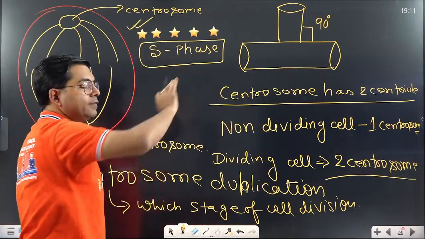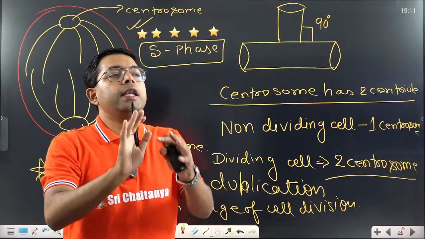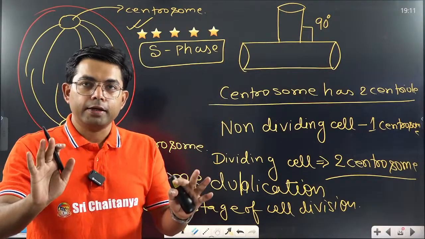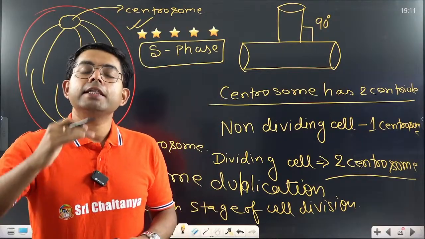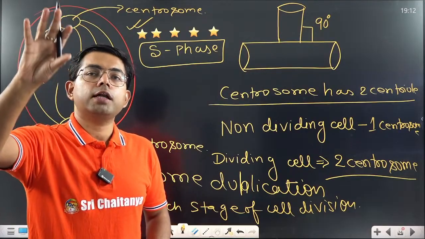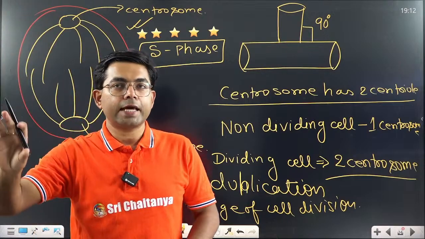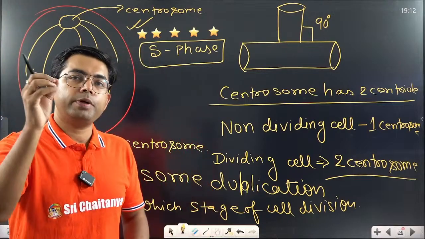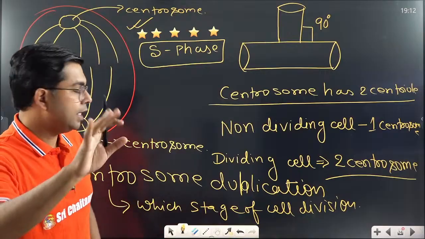So you got 5 star. Now those who were unable to figure out, don't worry, we haven't covered it, right? This is a part of next chapter. In next chapter we will see what are the different stage of cell cycle, and there we will see what happened in S phase, what happened in G phase, etc.